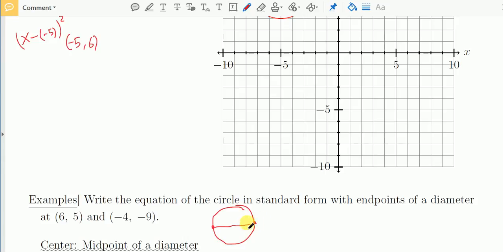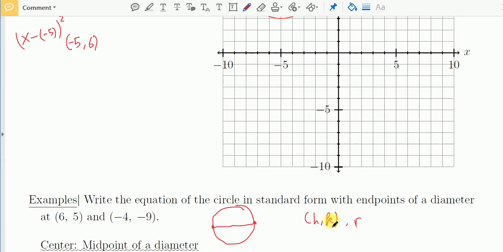So if they give you these two endpoints of the diameter, in order to find the equation, you need the h, k, or the center of the circle, and the radius. We need two things.